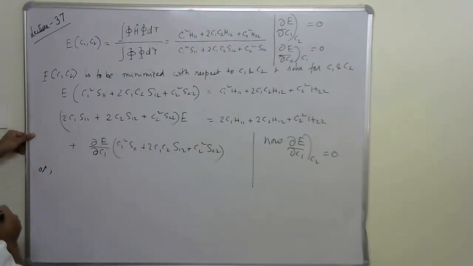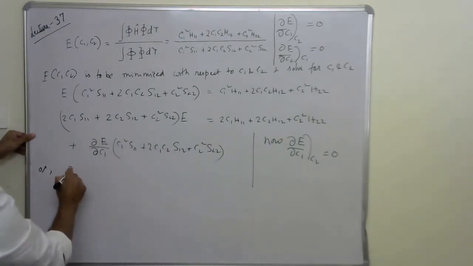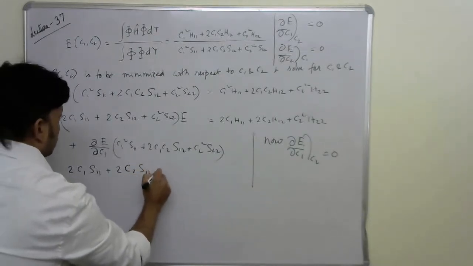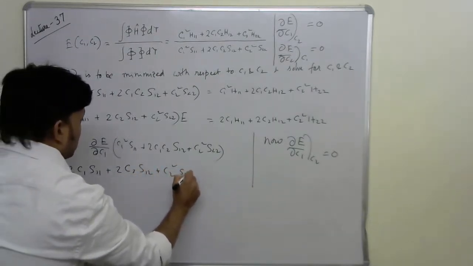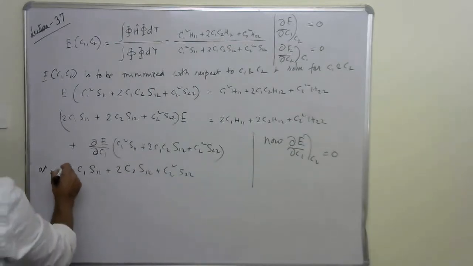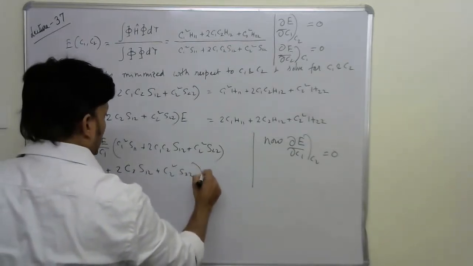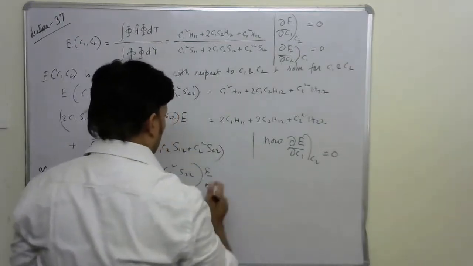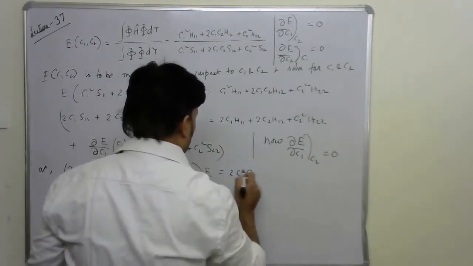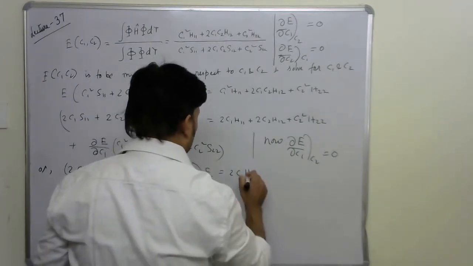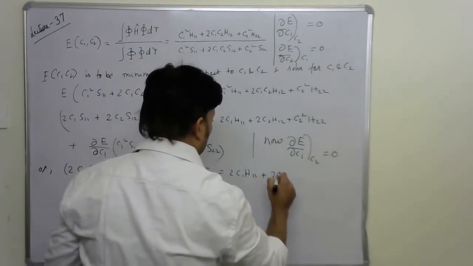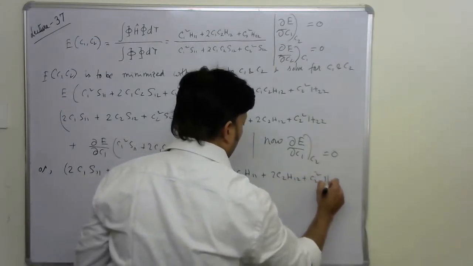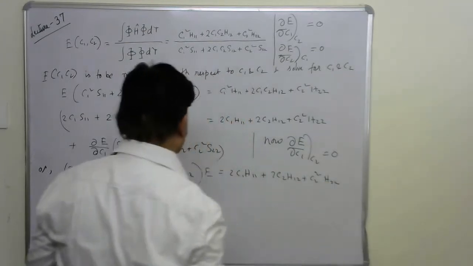Or we can write that 2C1 S11 plus 2C2 S12 plus C2 square S22, times E, is equal to 2C1 H11 plus 2C2 H12 plus C2 square H22.